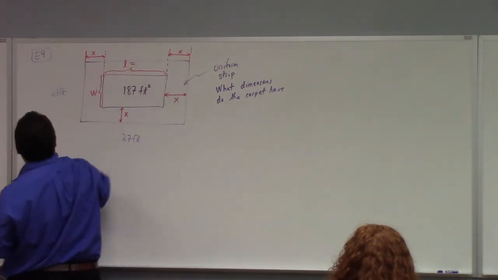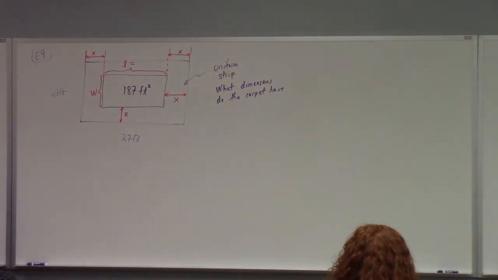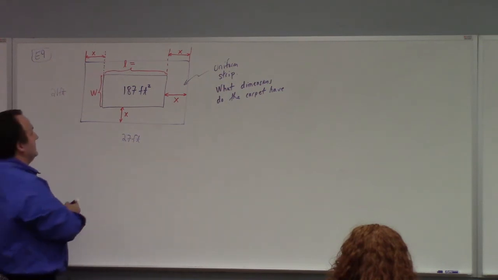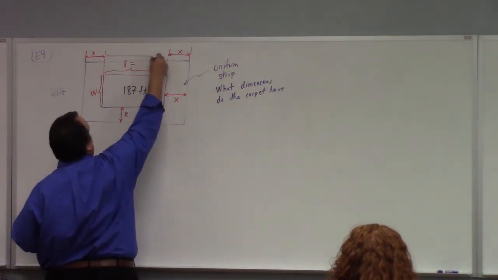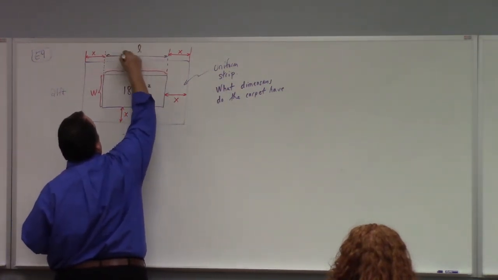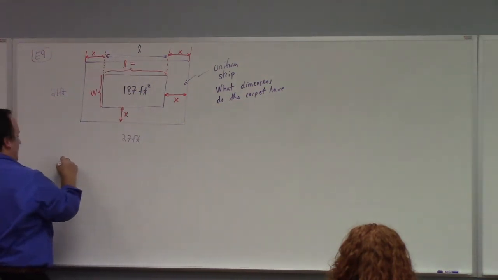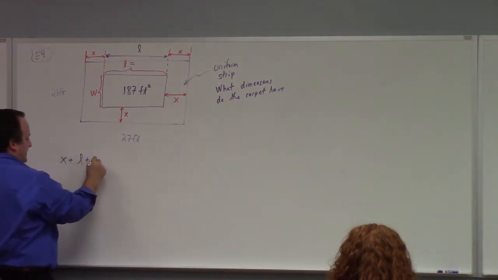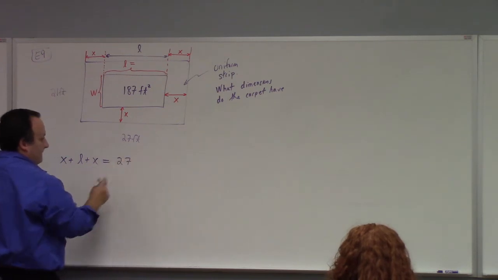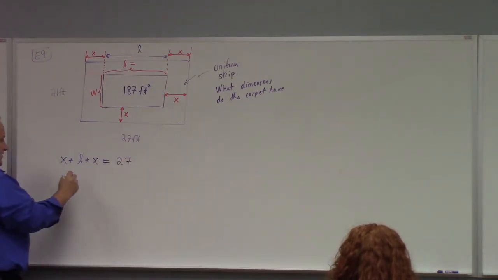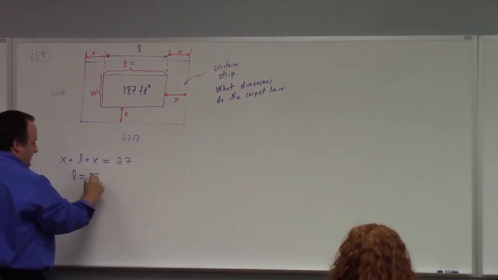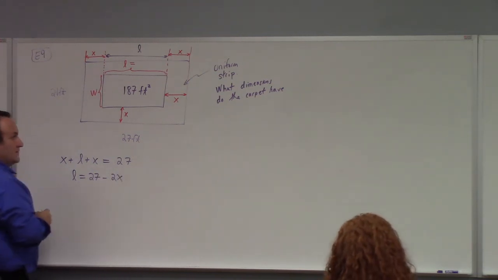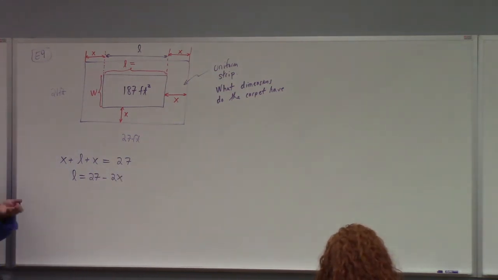But altogether you've got 27, right? So what does L have to be? I mean, L is also here, right? So you can see that x plus L plus x has to be 27, which means that L has to be 27 minus 2x. Now, some people just see that looking at the picture. Some people have to derive it, whatever.